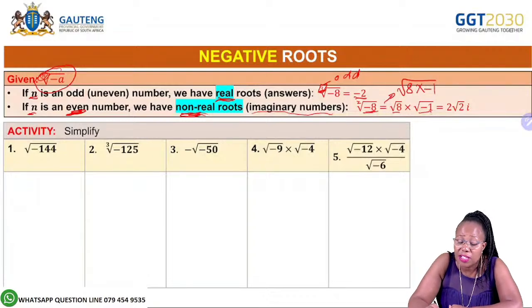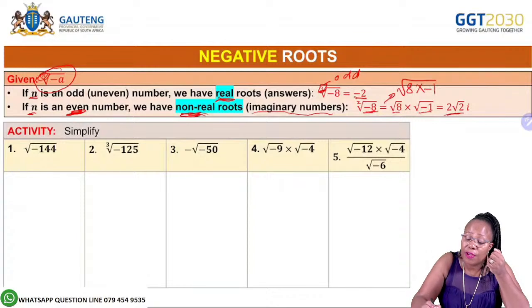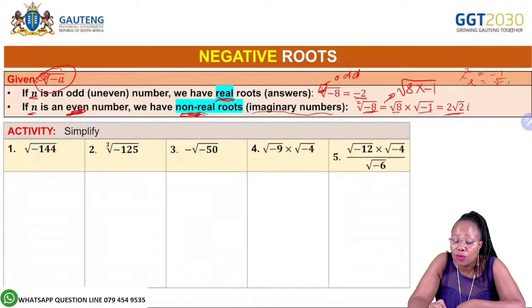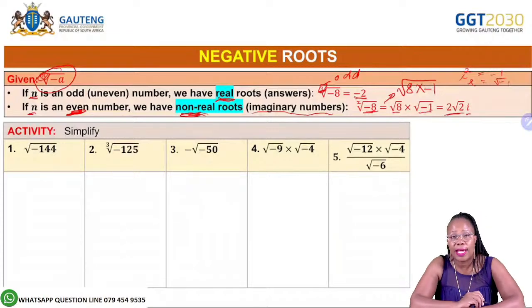And then after splitting that, for the square root of 8, we have an answer of 2 square root of 2. And for the square root of negative 1, remember previously indicated that if we have i squared equal to minus 1, therefore i will be the square root of negative 1. So for the square root of negative 1, we have substituted i.